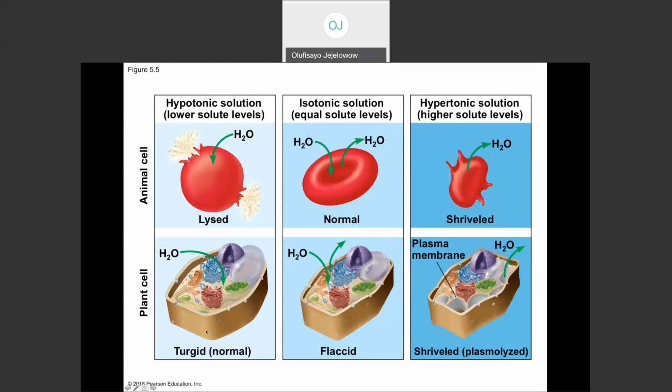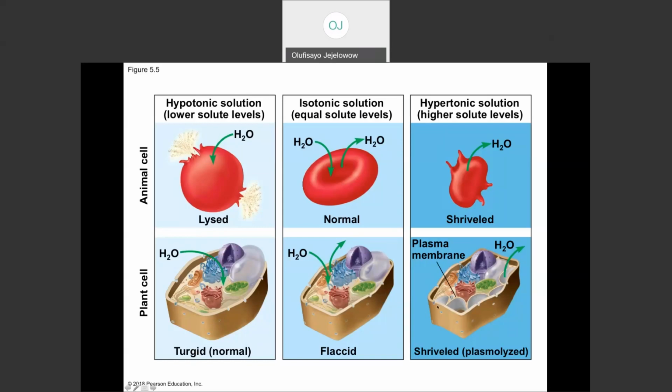So turgidity of plants is enhanced in a hypotonic solution environment. If you place a plant cell in an isotonic solution, it will go limp or just become flaccid.